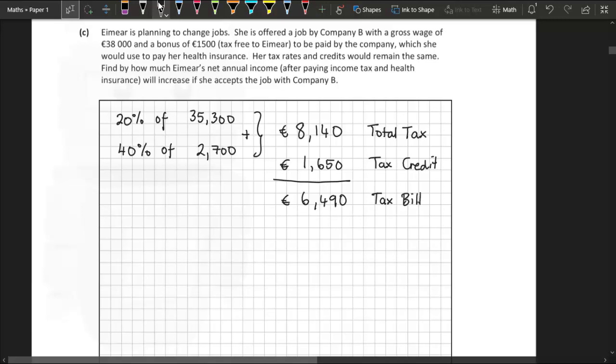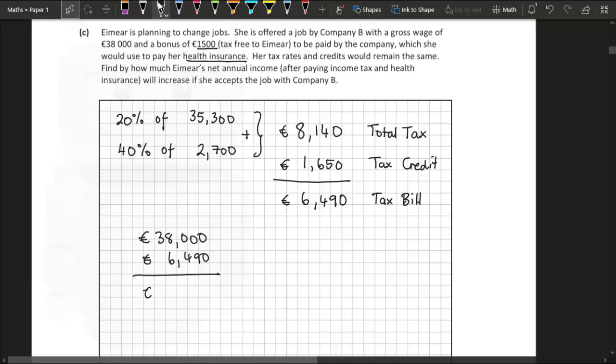Now again, in this particular example, we don't have to worry about her health insurance because she's getting a bonus of 1,500 euros to pay for her health insurance. So we don't need to worry about that. So now what we've got to do is look at her 38,000 gross salary. We take away the tax bill, which is 6,490.